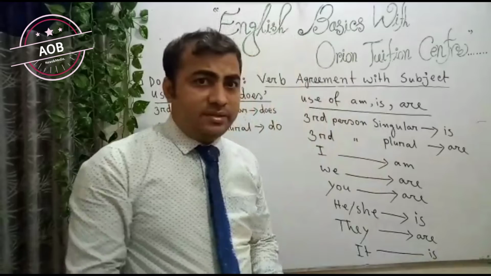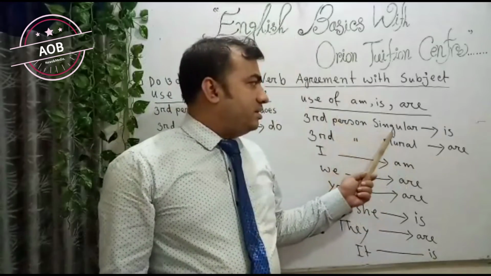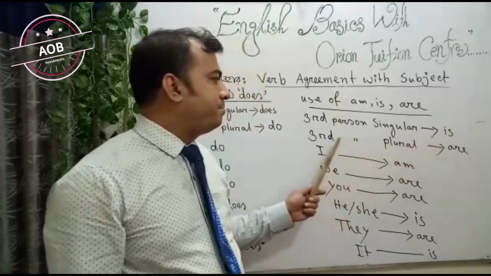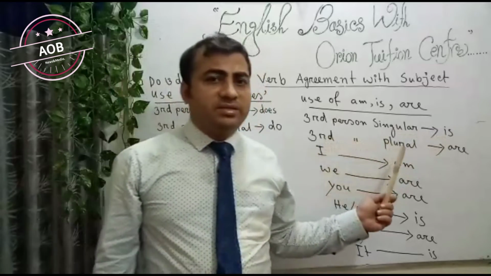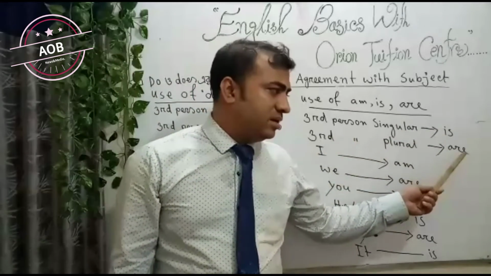The learners, look at the board once again. If the subject is third person singular, we will use is, and if the subject is third person plural, we will use are.